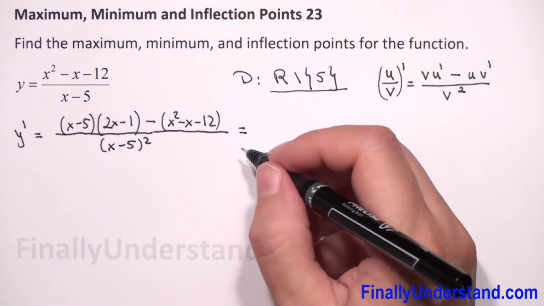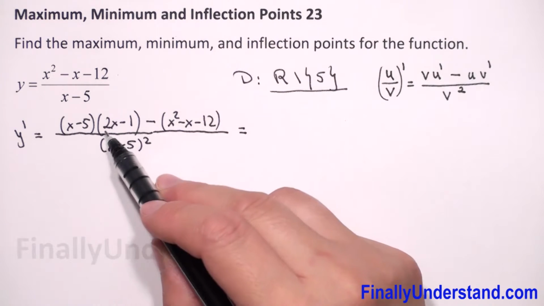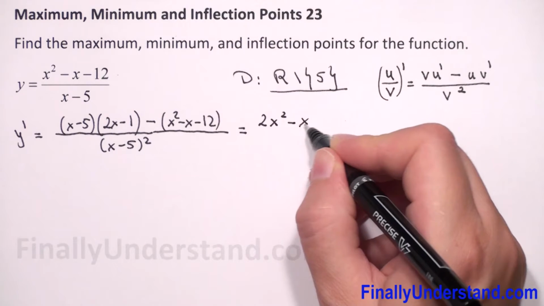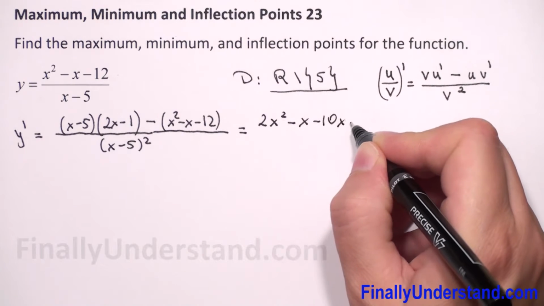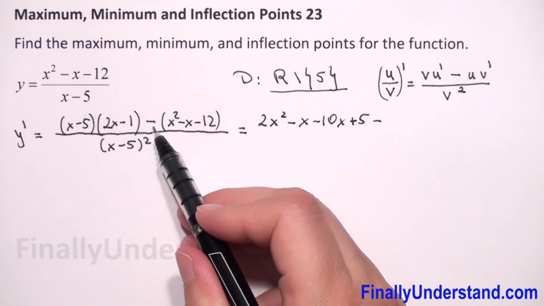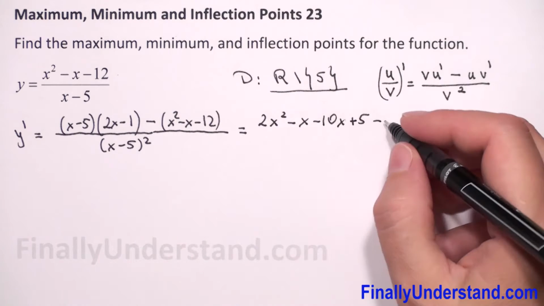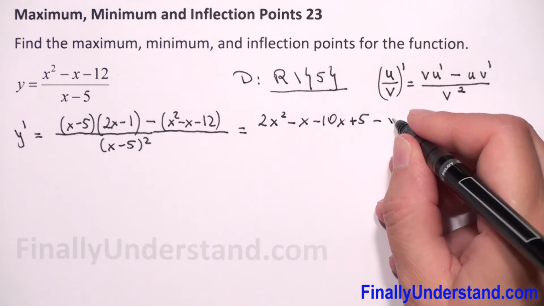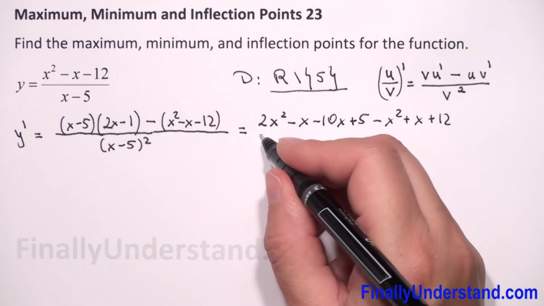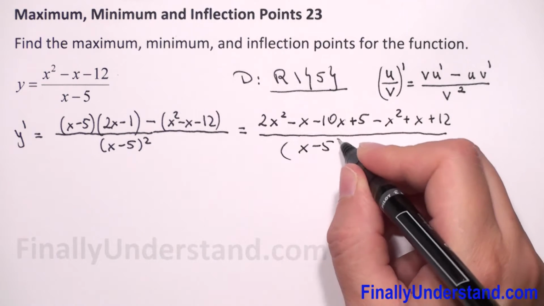This is equal to, we have multiplication, x times 2x will be 2x squared minus x minus 10x plus 5, minus, because we have a negative sign before this parenthesis, I have to change the signs, so we will have minus x squared plus x plus 12, over (x minus 5) to the second power.